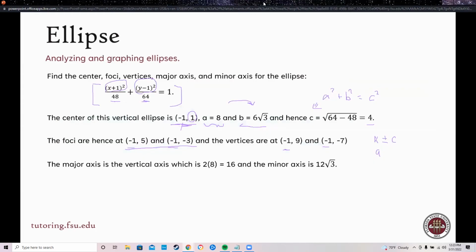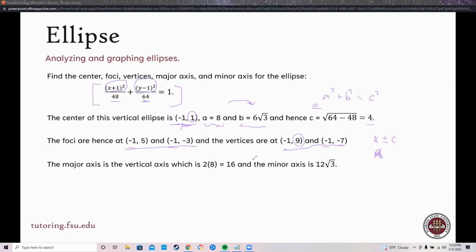However, we'll do (h, k plus or minus a). So right here, I'll do still -1 because that's h, but now I'm doing plus a. So k, which is 1, plus a, which is 8, would give me 9, and then minus a, which is 8, would give me -7. So that's how you find the foci and the vertices.